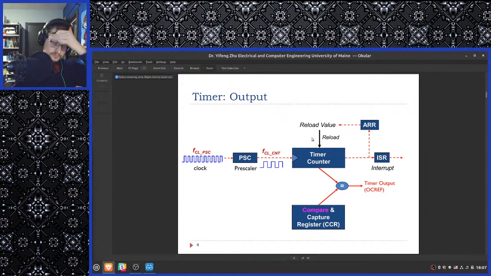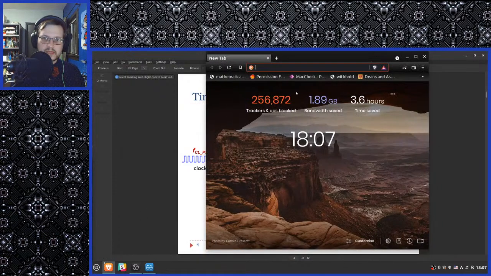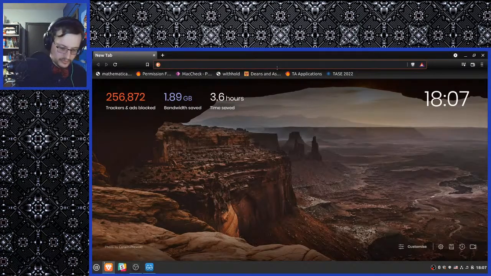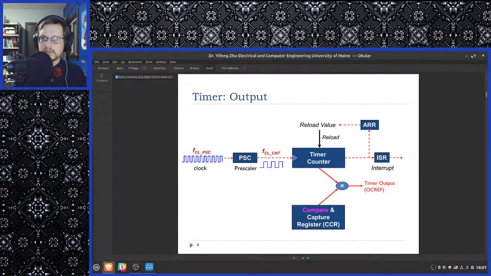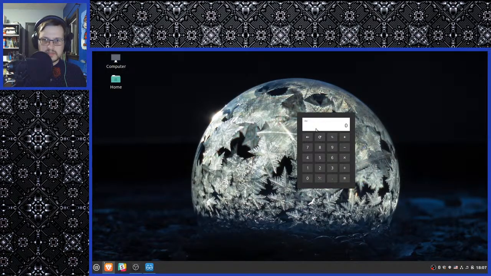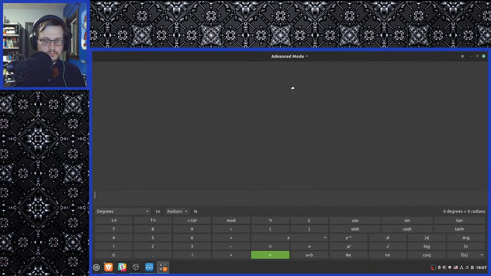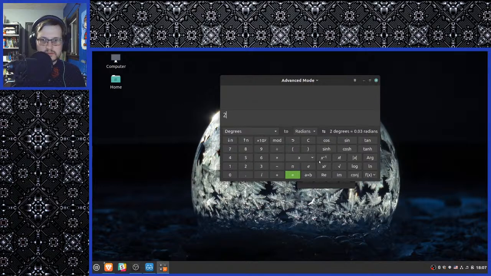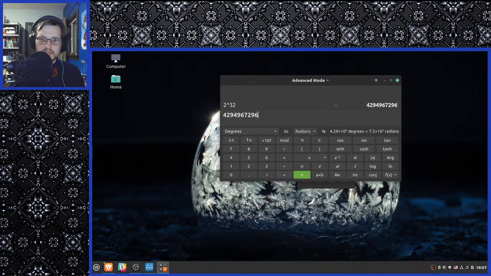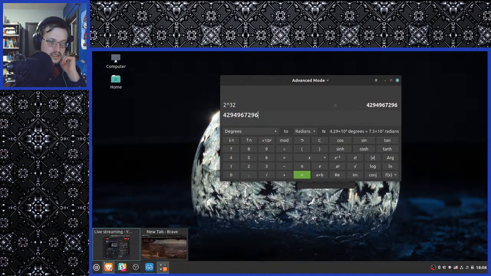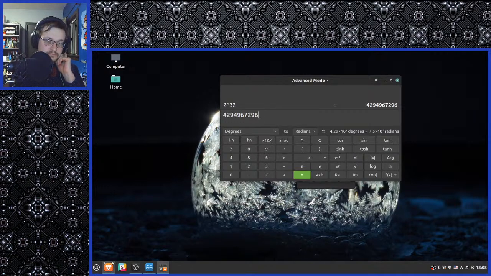So, pulling up our quick little math, 2 to the power of 32 is the largest integer that you can hold in that, assuming unsigned arithmetic, which is a safe bet in this case.